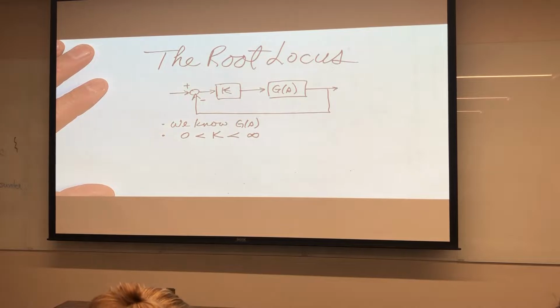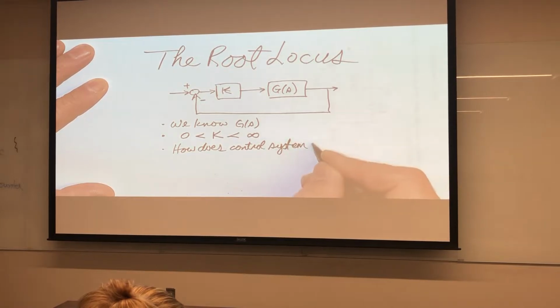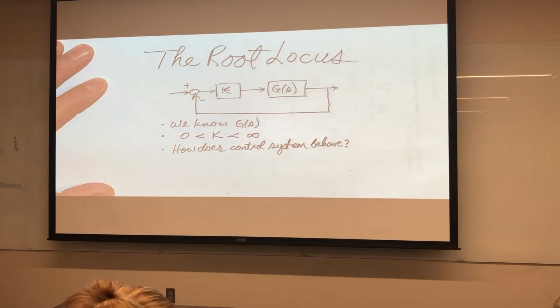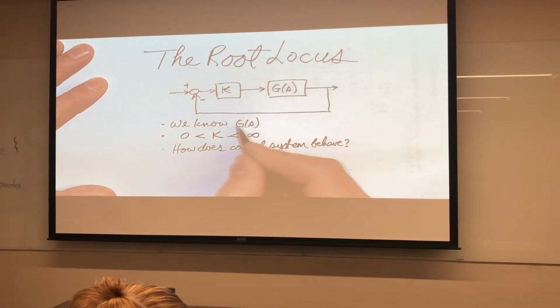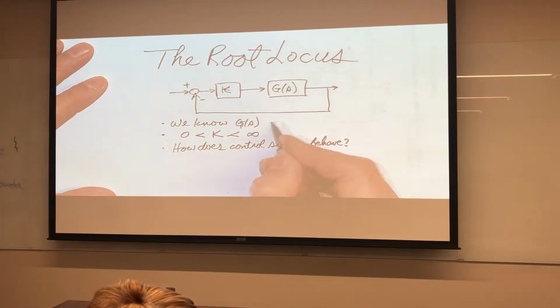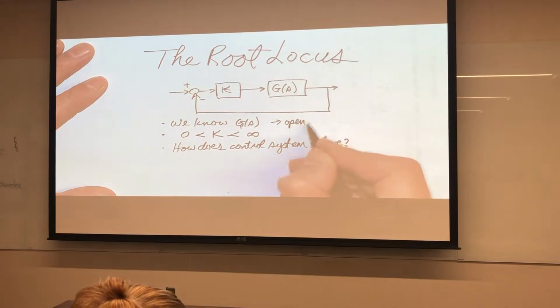And so the question we want to ask ourselves is, how does the system behave? I want to emphasize that when I say we know the process model, that means we just know this box. We call this the open loop.